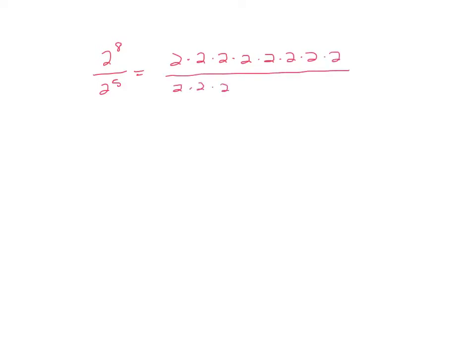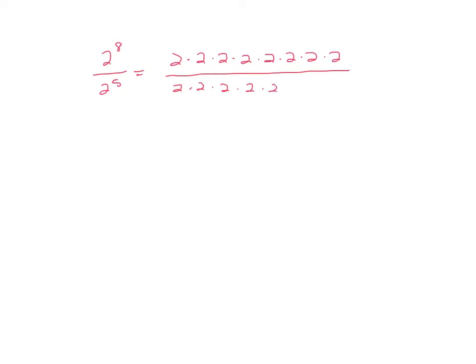So why does this work? Well, if we take a look at something like this, right? 2 to the 8th is simply 2 multiplied by itself 8 times, and 2 to the 5th is 2 multiplied by itself 5 times.